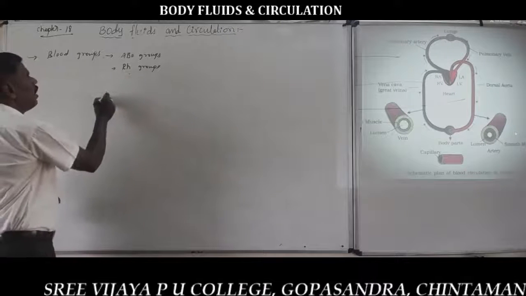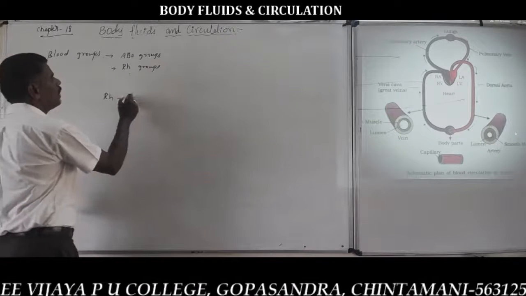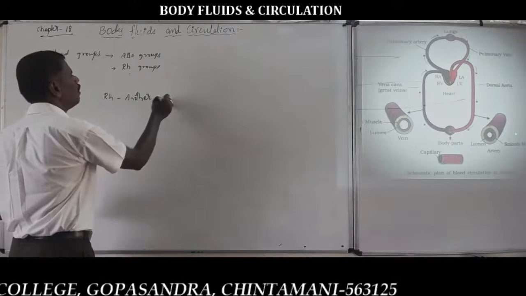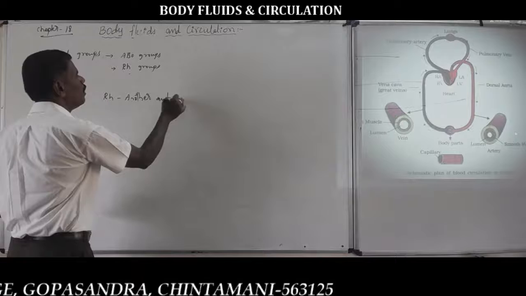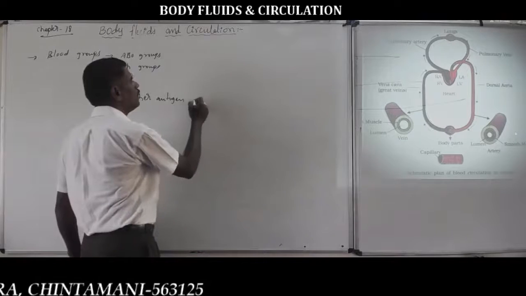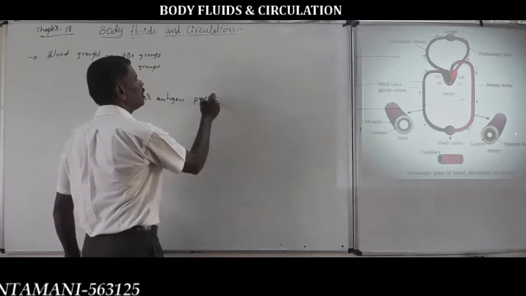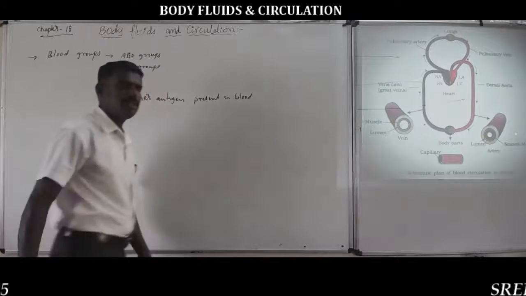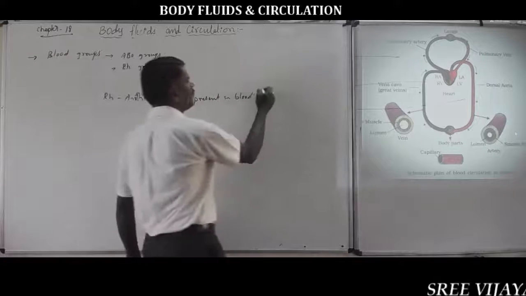See here, RH is another antigen present in blood, like in the rhesus monkey.